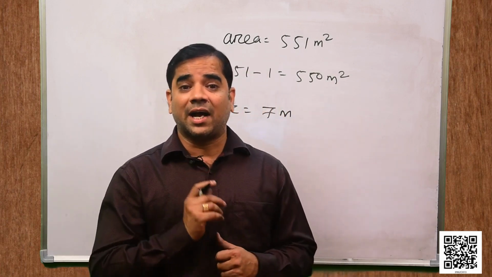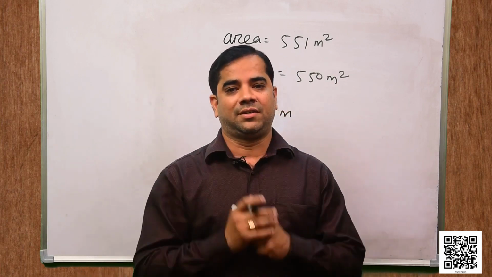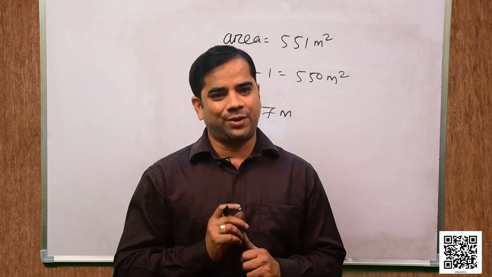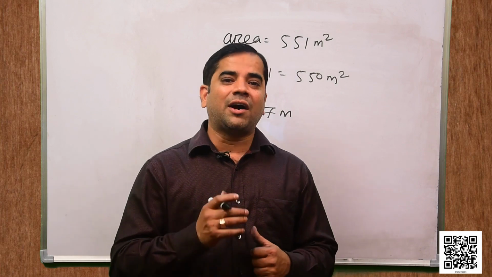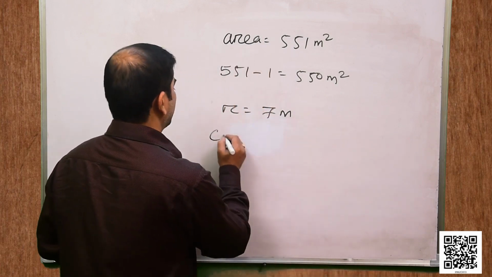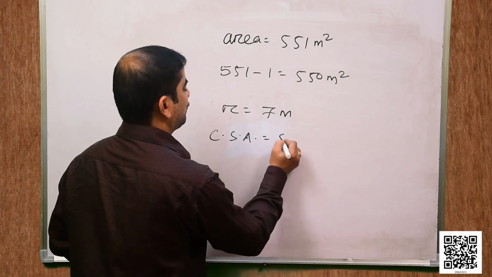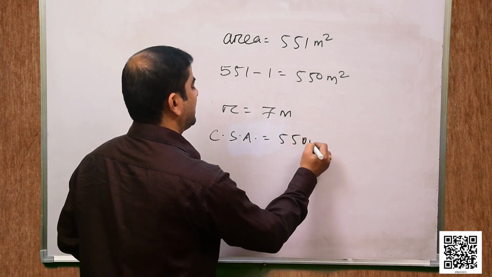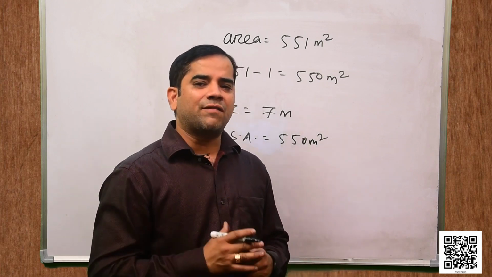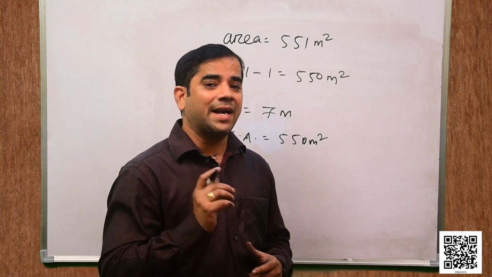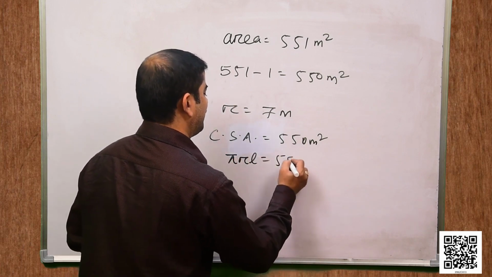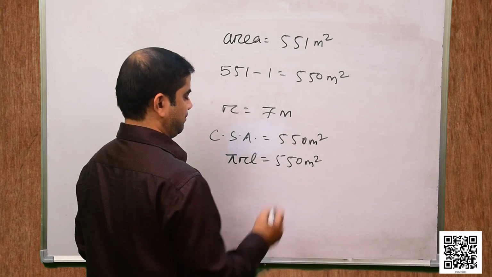Note that a tent has only a curved surface. The floor of the tent is not covered by canvas. Okay. Therefore, curved surface area of tent is 550 meter square. Fine. That means, what is the formula for curved surface area? Pi r L. So, pi r L is equal to 550 meter square.